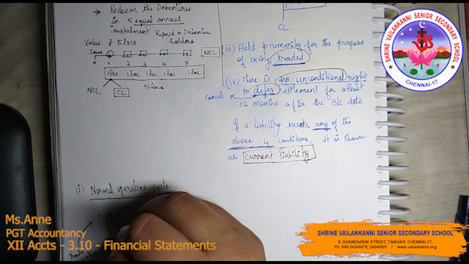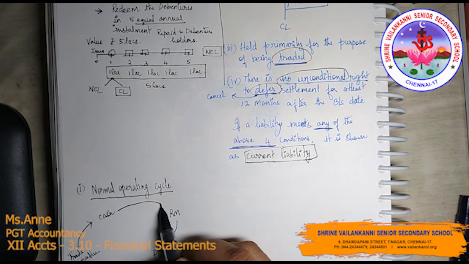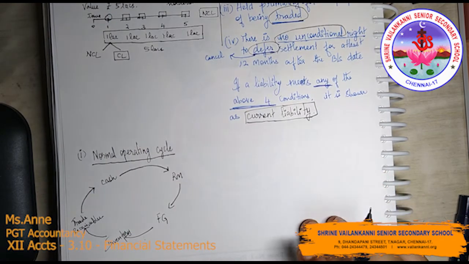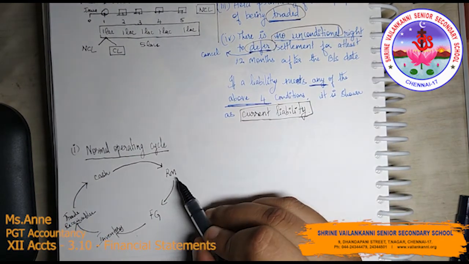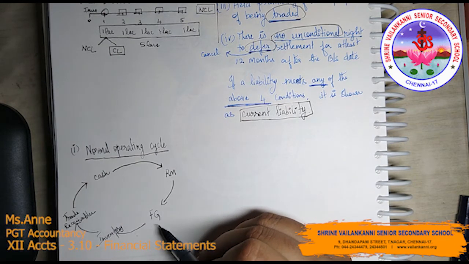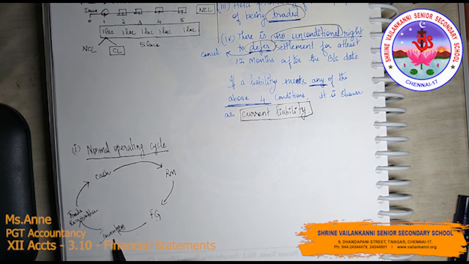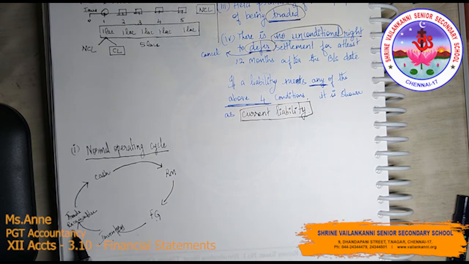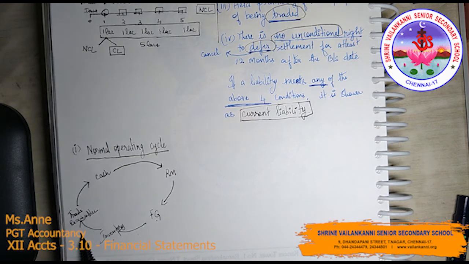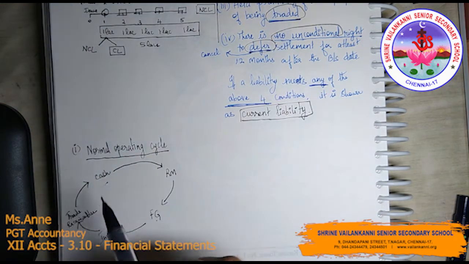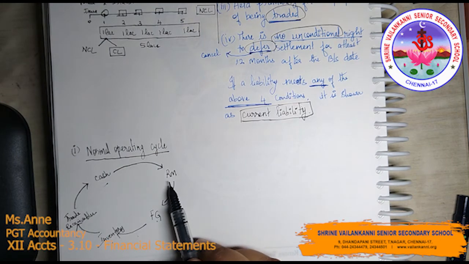Okay, and the cash, again you are using the cash to purchase the raw material. I hope that you are able to understand this. So raw material converted to finished goods. Finished goods is taken as inventory in your warehouse, from where you are able to sell it. You convert it to trade receivables. Trade receivables you are able to realize in the form of cash, and cash you are using again in the business to purchase the raw material.